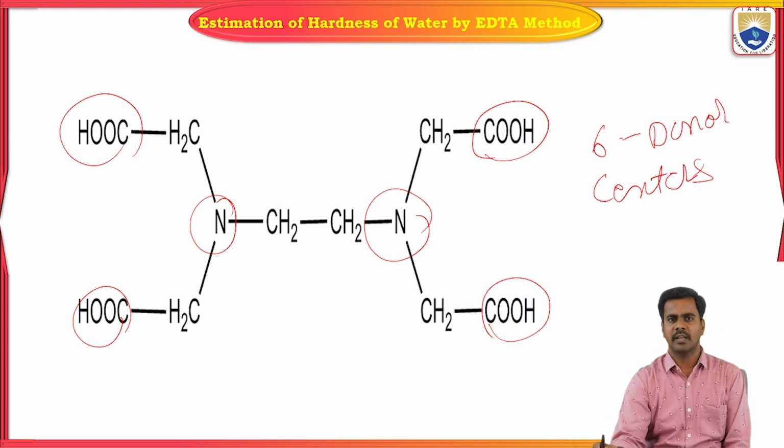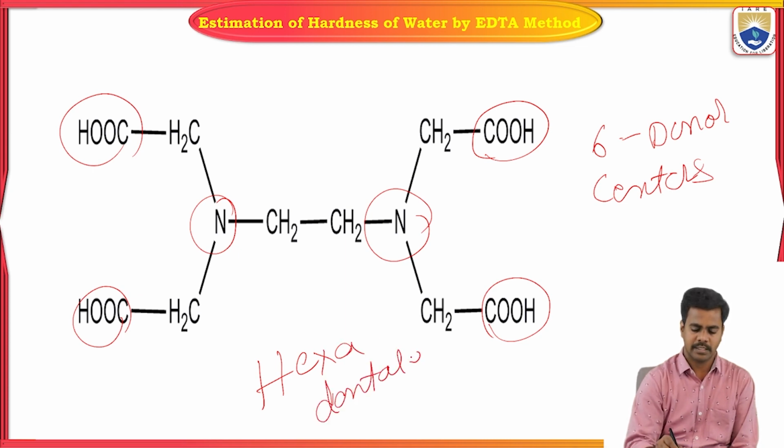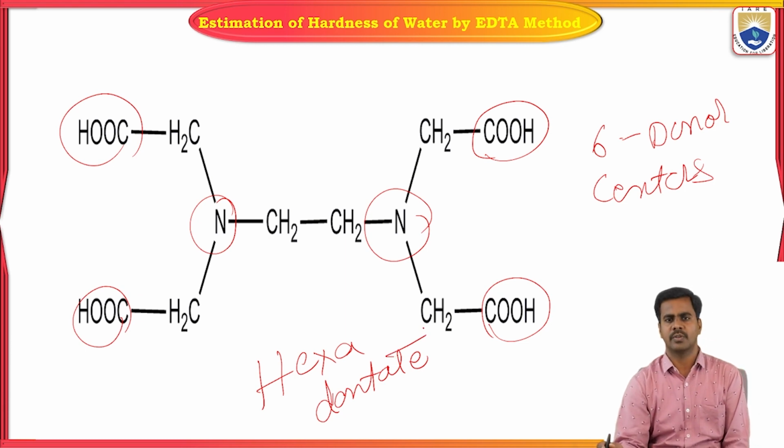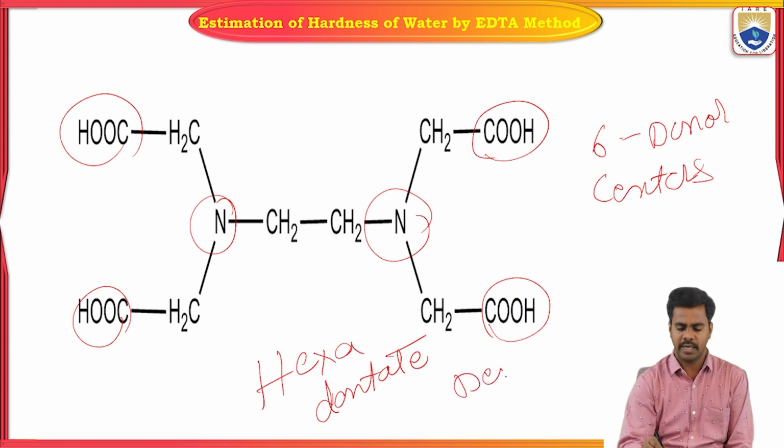That means EDTA is able to give 6 lone pairs of electrons to the metal to form coordinate covalent bonds. That's why we can say that EDTA acts as a hexadentate ligand. So the denticity of EDTA is 6.